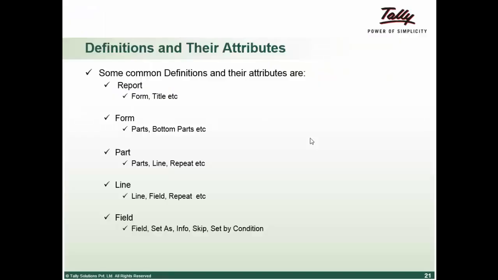So these are some commonly used definitions we have seen: form is having parts and bottom parts, parts of lines, repeats, lines having line, field, repeat. So as and when we come across the other sessions, we will be using these attributes, right?